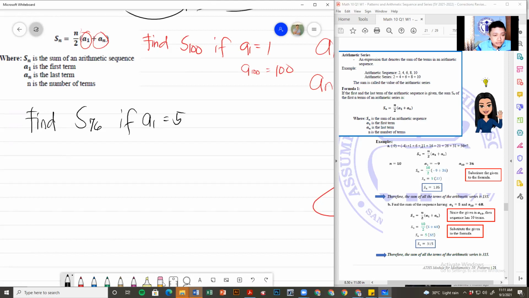Let me change this to S sub 10 na lang. S sub 10, if A sub 1 is 5 and A sub 10 is 50. Go. Type your answer in the chat box when you're done.